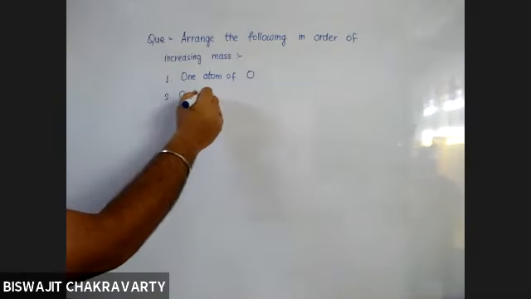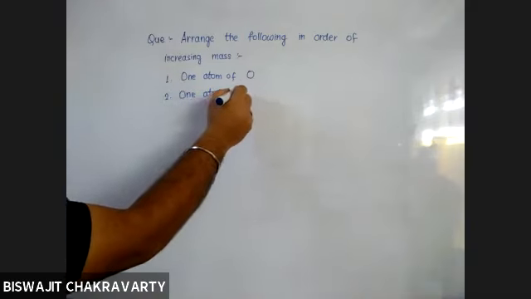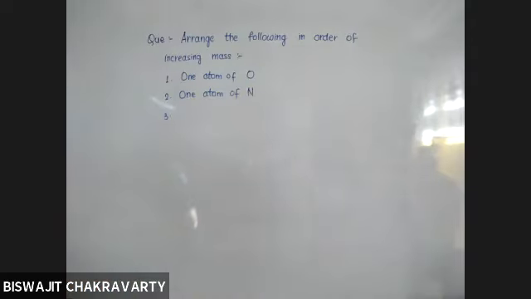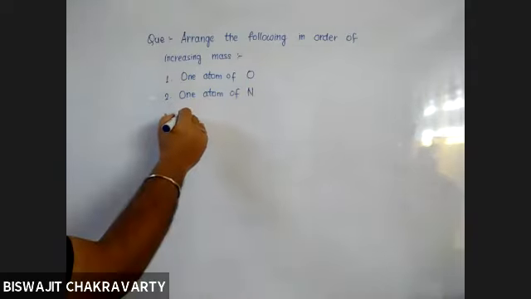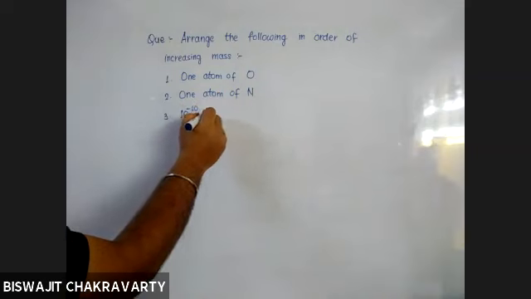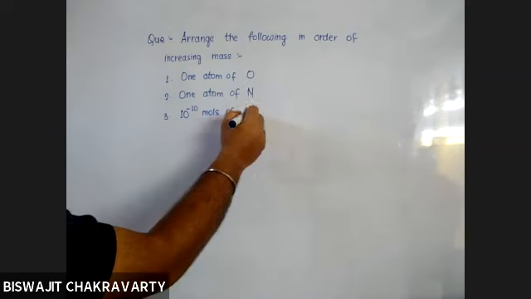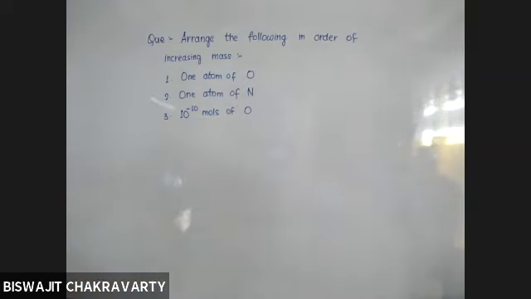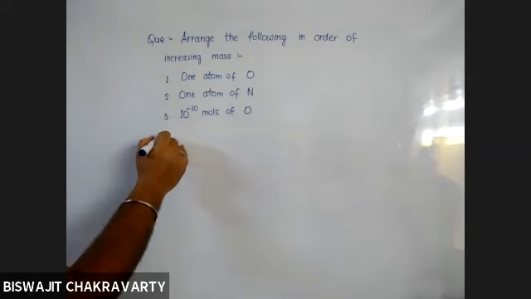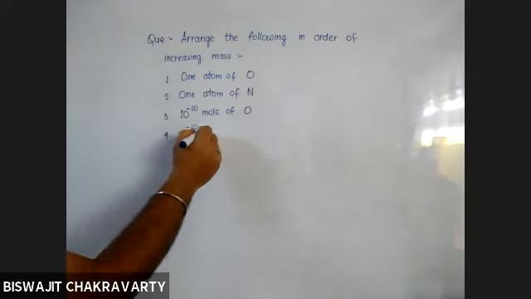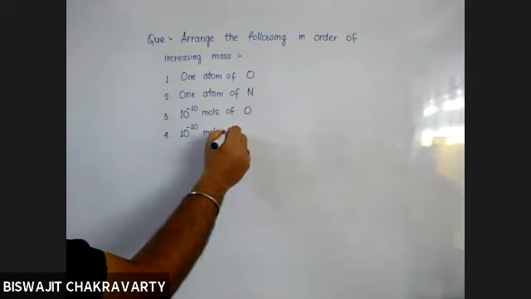Number 2, 1 atom of nitrogen. Number 3, 10 to the power minus 10 moles of oxygen. Number 4, 10 to the power minus 10 moles of copper.